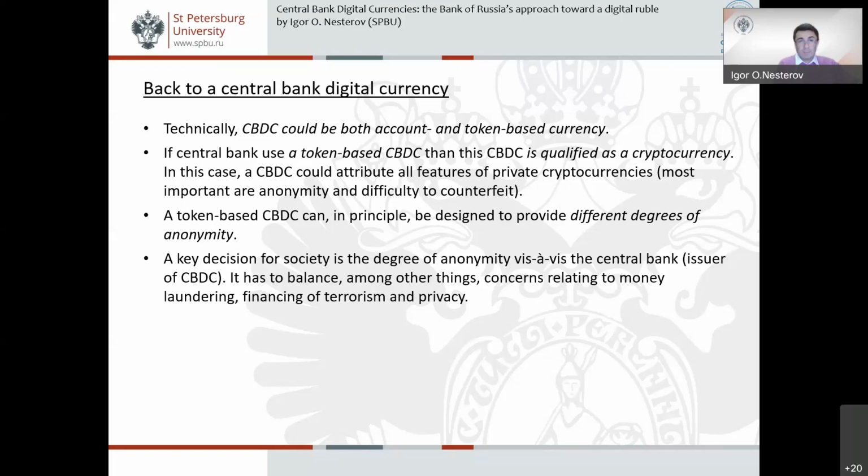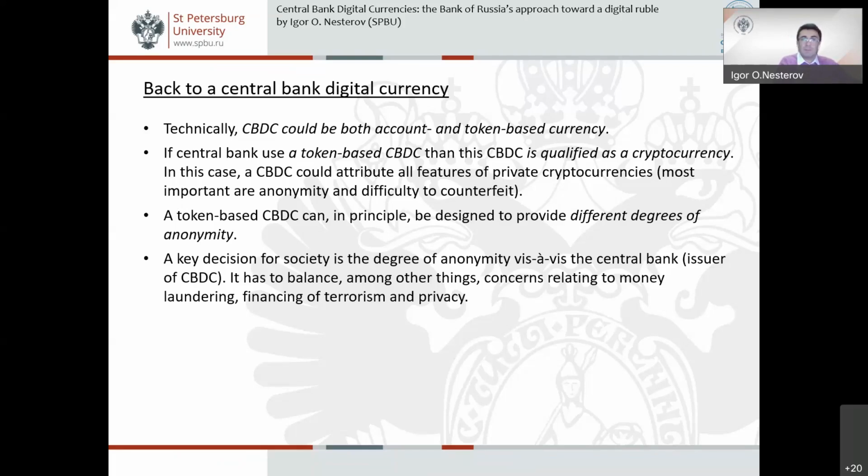Technically, it's quite an important fact that a token-based CBDC can be designed to provide different degrees of anonymity, similar to private cryptocurrencies. And that is one of the major points about the future application of central bank digital currencies.